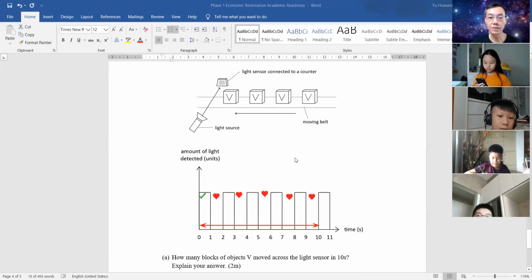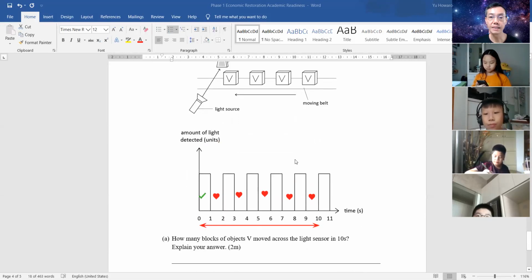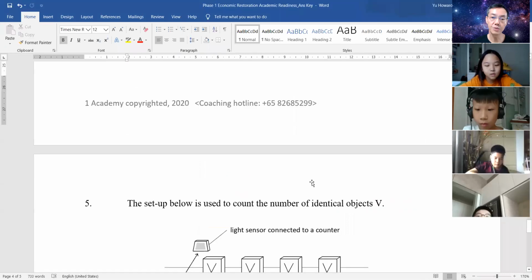Okay, so how do you explain? Your explanation must tell me that when the block is crossing the light path, the light sensor cannot detect any light. I've written the answer here to show how to answer.